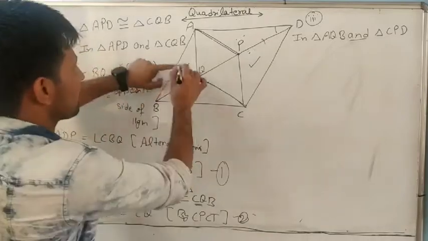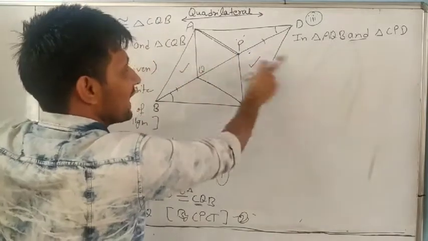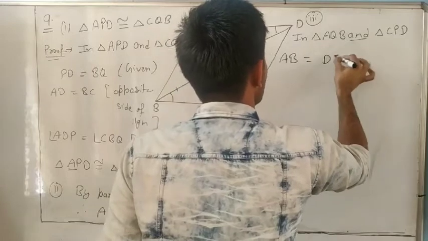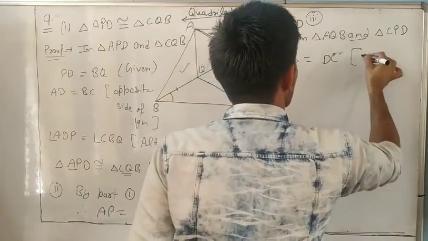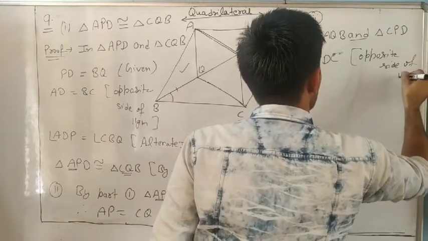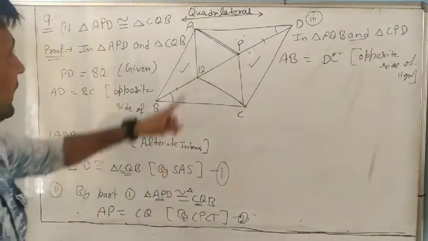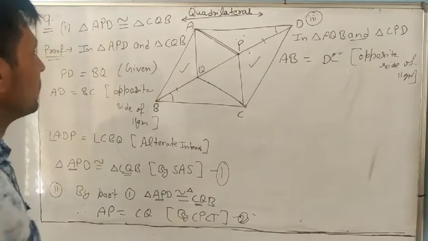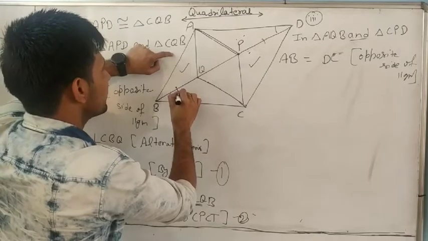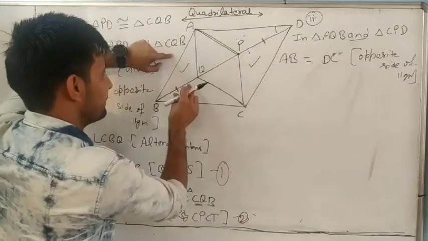So now in these two triangles, first we know AB and DC are opposite sides of the parallelogram. So you can write AB equals DC. Why are they equal? Because opposite sides of a parallelogram are equal. Next, in this triangle, BQ and PD, already given in the question at the start, BQ equals PD.